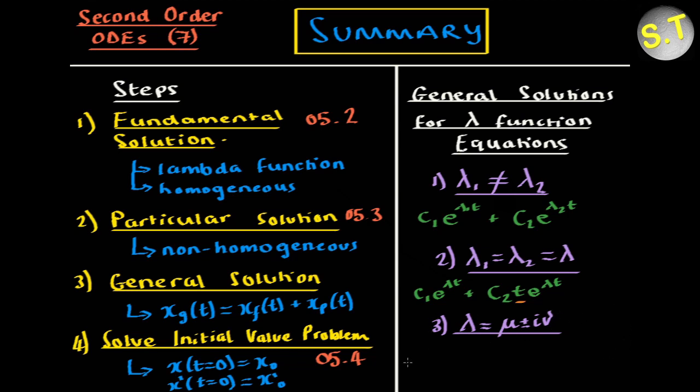And we saw that the general solution in this case was e to the mu t, again we used c1 here, times the cosine function of nu t, plus another constant that we don't know, c2, times the sine function of nu t as well. And I mentioned in the video that this comes from Euler's relations. Well, it's true, so this is covering every possible solution that this might have.